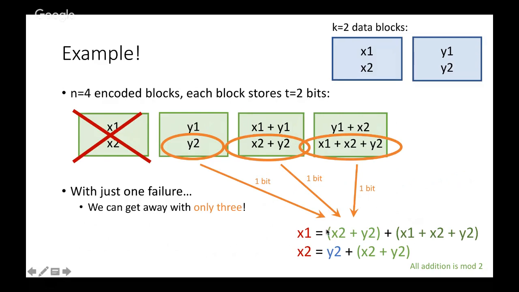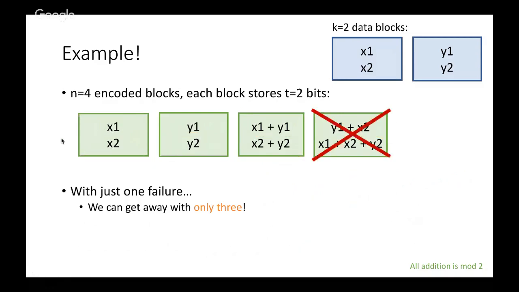When I do this, x2 is equal to y2 plus x2 plus y2, again mod 2. And x1 is equal to x2 plus y2 plus x1 plus x2 plus y2, mod 2. So I can get it from these two things as well. Now I've recovered all of the lost information, x1 and x2, using only 3 bits instead of 4. So this is better. And we can do this for any node that fails.